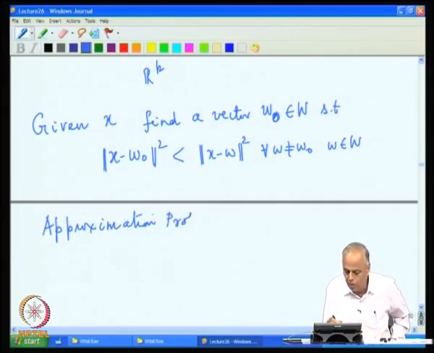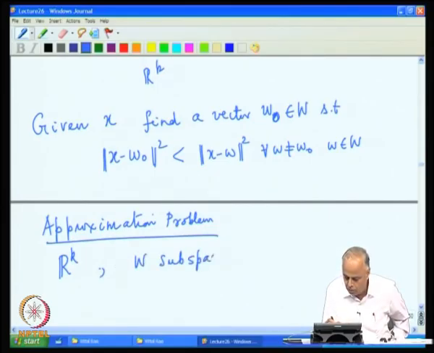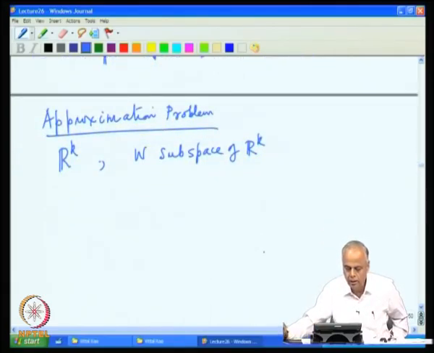The approximation problem is the following: we have R^k, and then we have W a subspace of R^k.